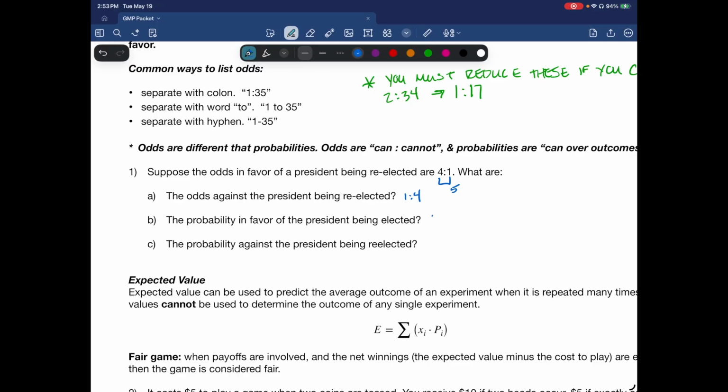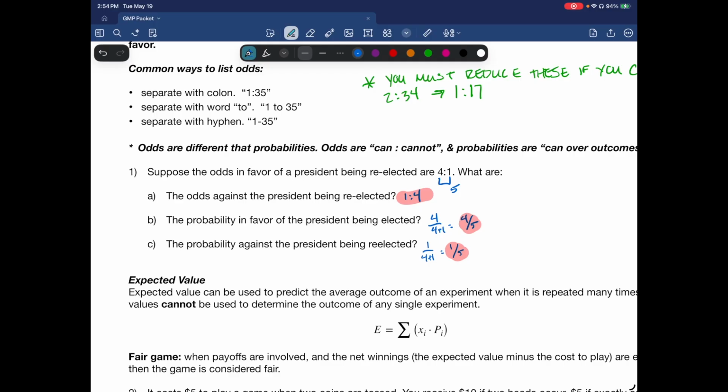So 4 over 4 plus 1, you get 4/5. The chances of him not being reelected are 1 over 4 plus 1. So outcomes, can over outcomes. So this would be 1 over 5. So you have 1-4, you have 4/5, and you have 1/5.